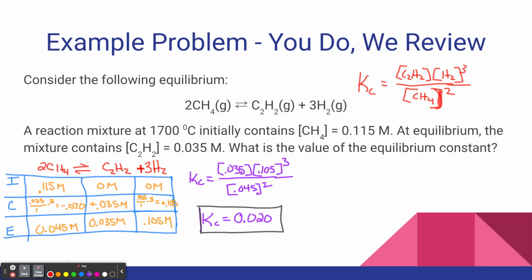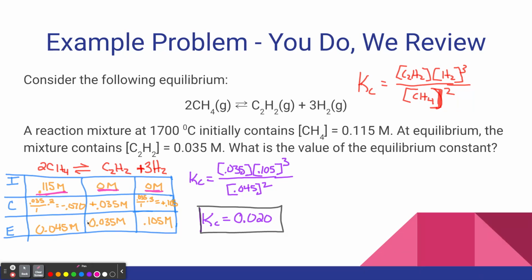So keep in mind, they informed us that the concentration of our methane was 0.115 molar. That was our initial concentration. They didn't tell us our initial concentrations of C2H2 and H2, but since they didn't, we're going to assume that both of those concentrations initially were 0 molar, so that's where those zeros come from.